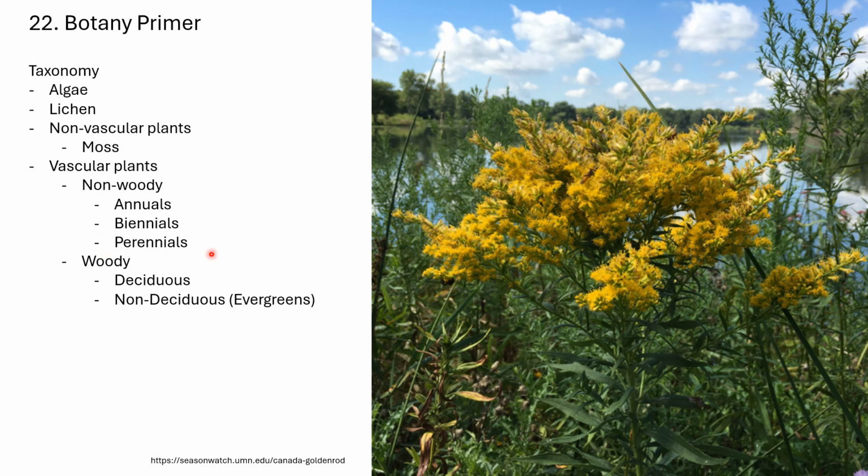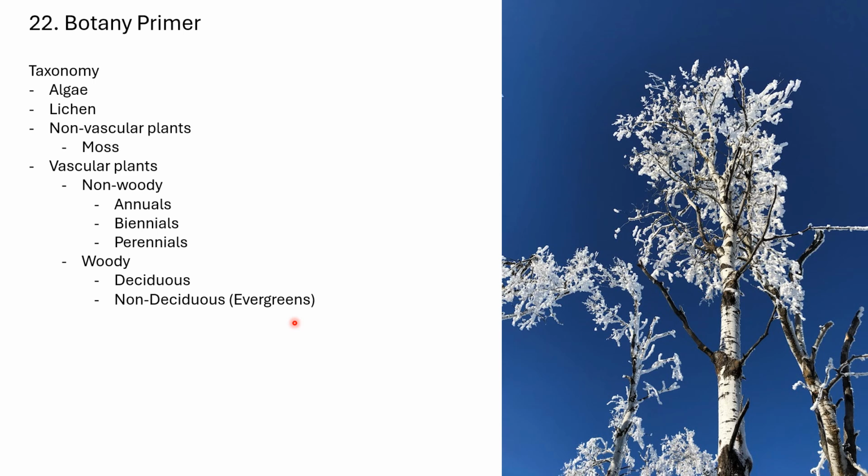And then we get into woody plants, and we'll probably also interchange woody with trees usually, and we can have deciduous trees. These are trees that are going to lose their leaves in the fall, and they spend the winter without leaves, and in the spring the leaves come back again.